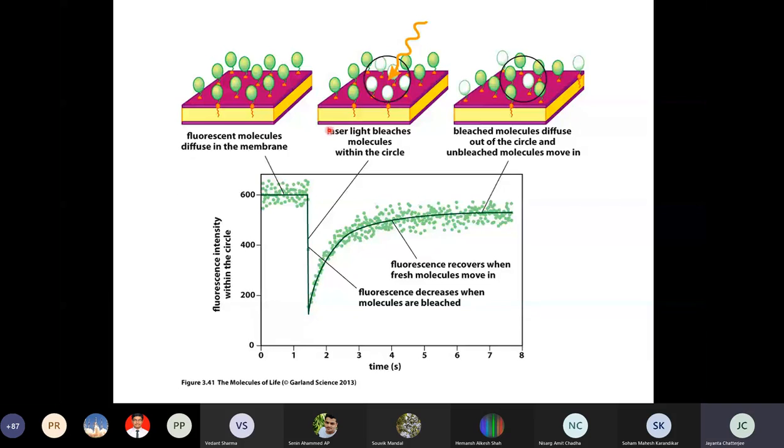It's possible depending upon, so for example, I don't think it's a single molecule kind of experiment. But if you look at these green dots, for the time being you can imagine them as single GFP molecules.